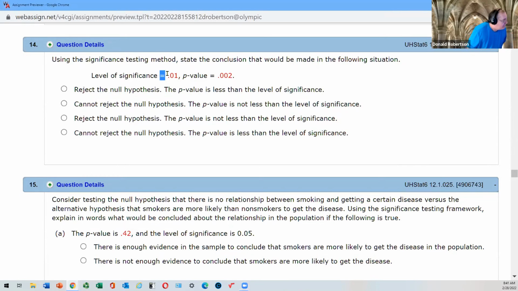Right, here we go. I have an alpha of 0.01 and a p-value of 0.002. Would you agree that the p-value is less than significance? Right? 0.002 is smaller than 0.01, right? Then you can reject the null hypothesis. The p-value is less than the significance level.